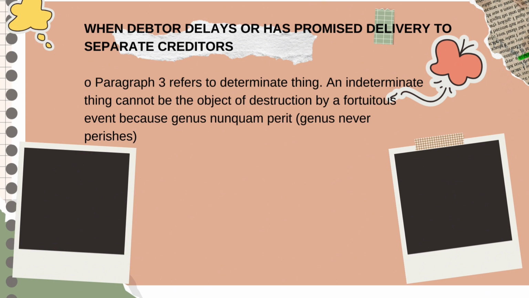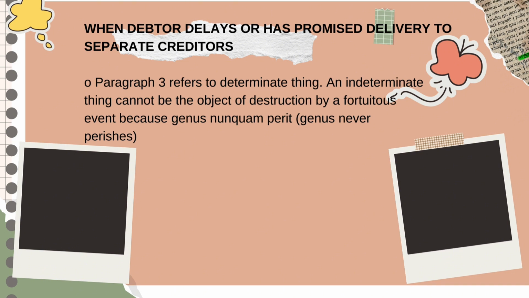In an obligation to deliver a determinate thing, the very thing itself must be delivered. Okay, pag determinate or specific, kailangan yun talaga ang i-deliver nyo. Consequently, only the debtor can comply with the obligation. This is the reason why the creditor is granted the right to compel the debtor to make the delivery. Diba?